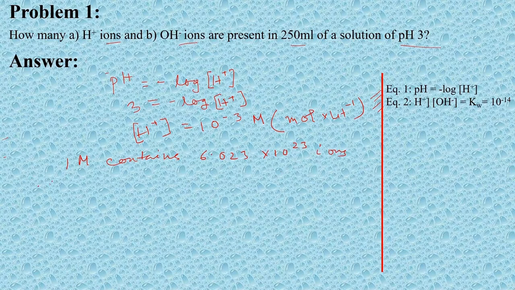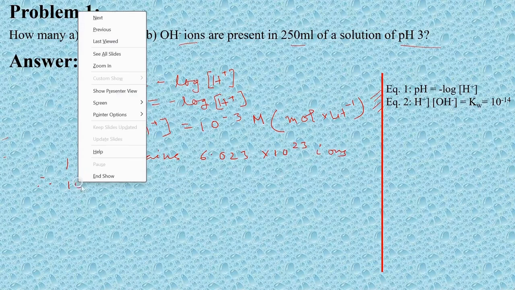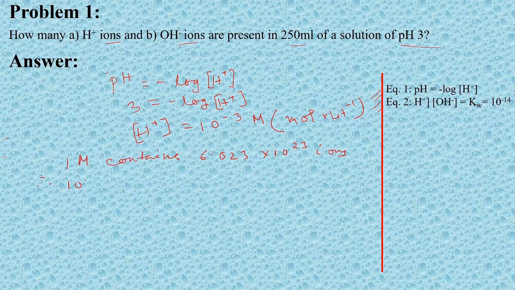Therefore, 10 to the power minus 3 molar contains 6.023 into 10 to the power 20 ions. We multiply 10 to the power minus 3 with this, so we get 6.023 into 10 to the power 23 ions.